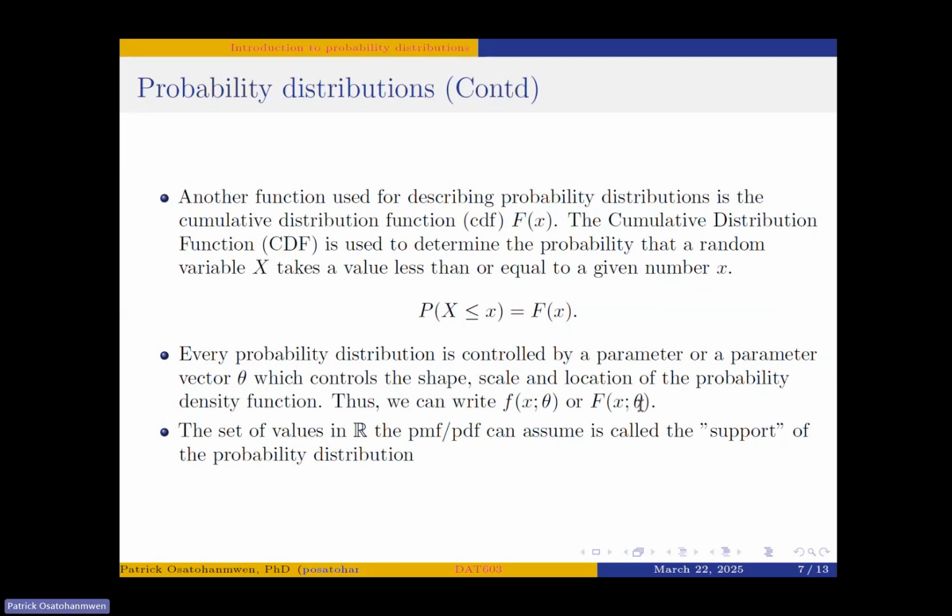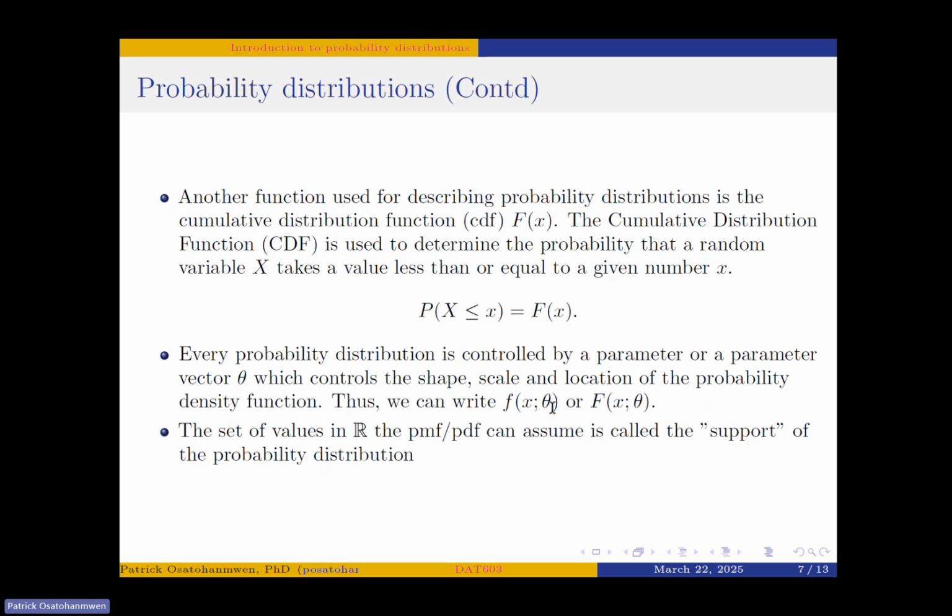So it means this theta is a vector parameter. Why is it a vector? Because it contains two parameters now. What are the two parameters? The mean, that is mu, and sigma for the case of the normal distribution. So it has mu and sigma.